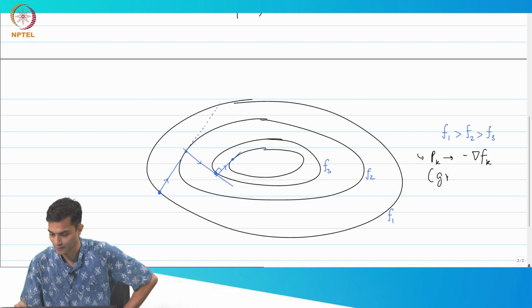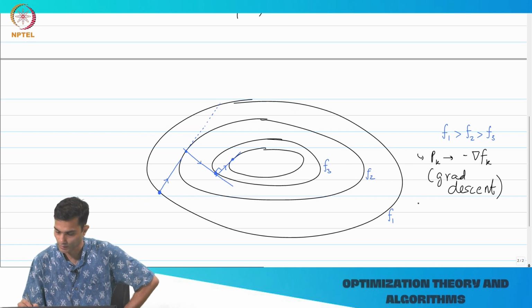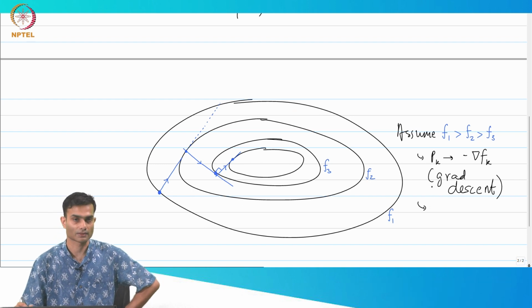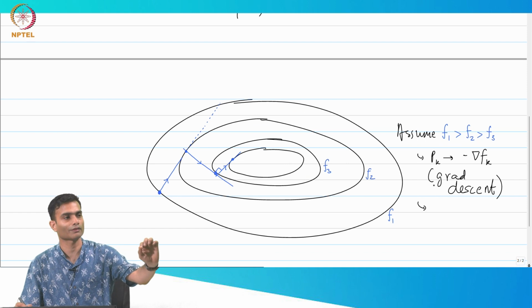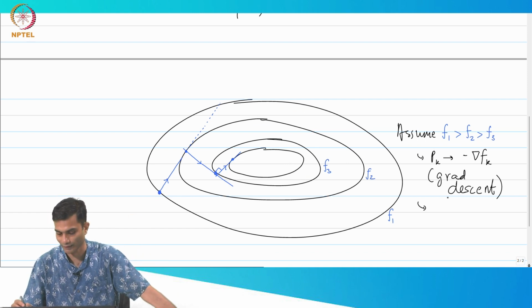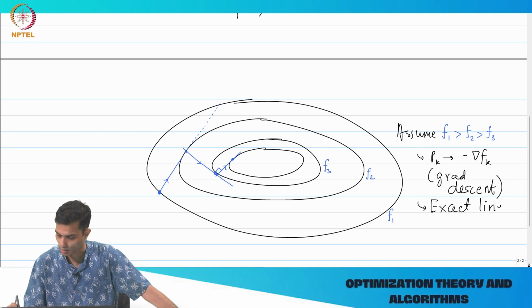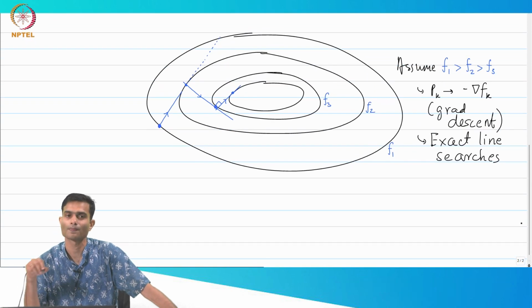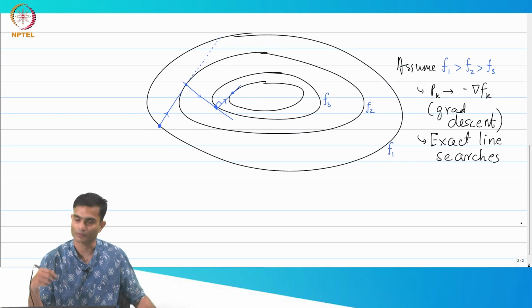So that is gradient descent. The second assumption, exact line search. So I always pick the correct alpha and arrive at my next point, right. Why am I making the second assumption? Just to simplify my life.